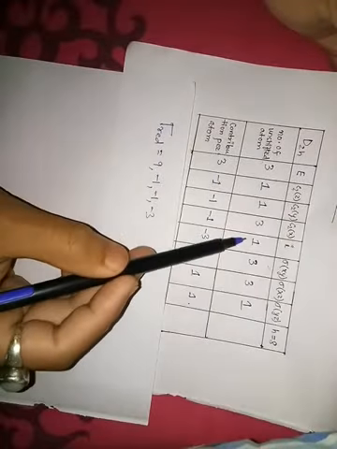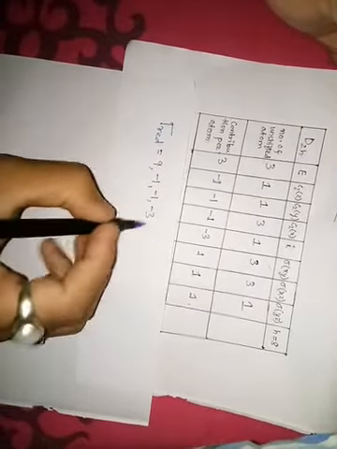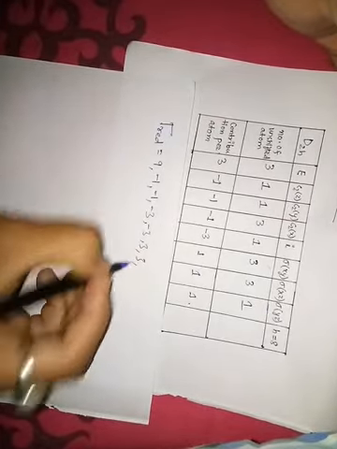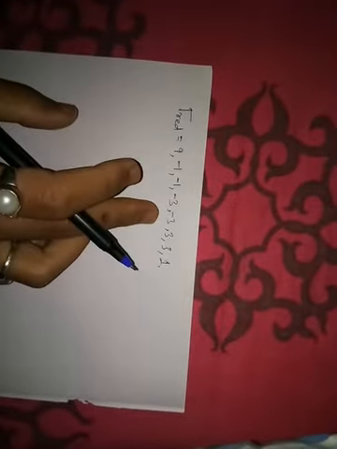And 1 into -3 is again -3. Then 3 into 1 is 3, 3 into 1 is 3, and 1 into 1 is 1. So this is ultimately the reducible representation.